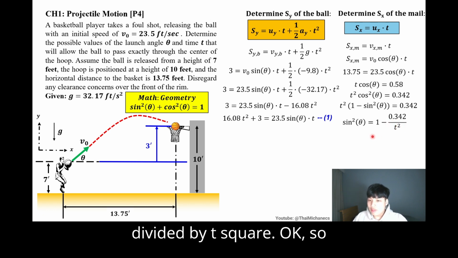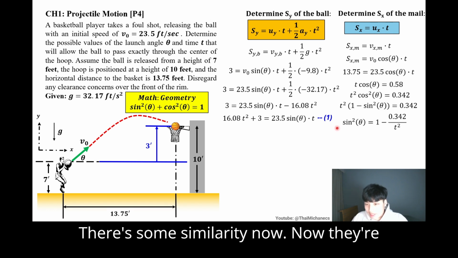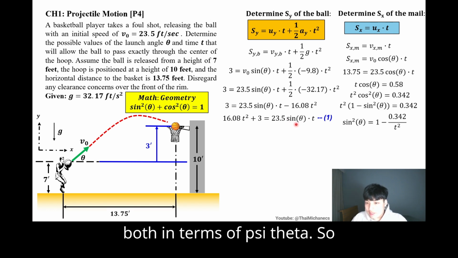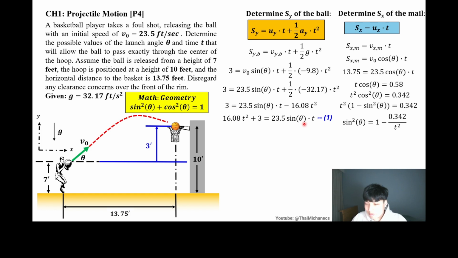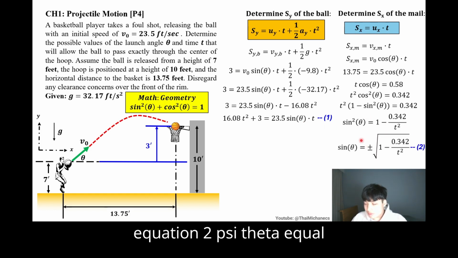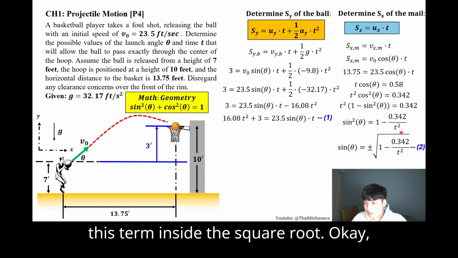So there is some similarity now: they are both in terms of sine theta. We call this equation 2: sine theta equals plus or minus this term inside the square root.